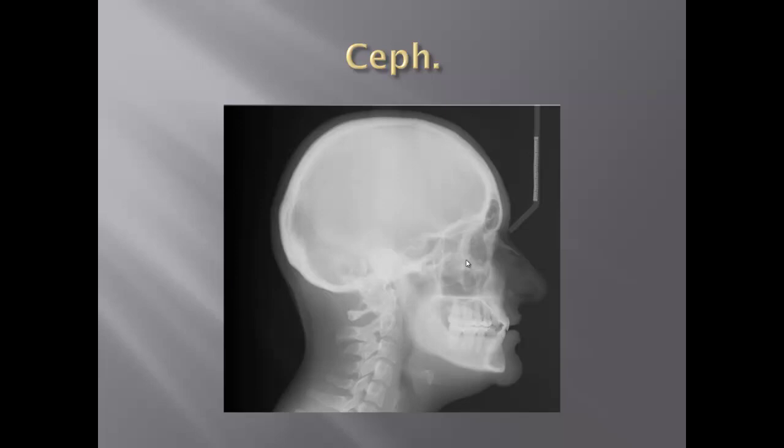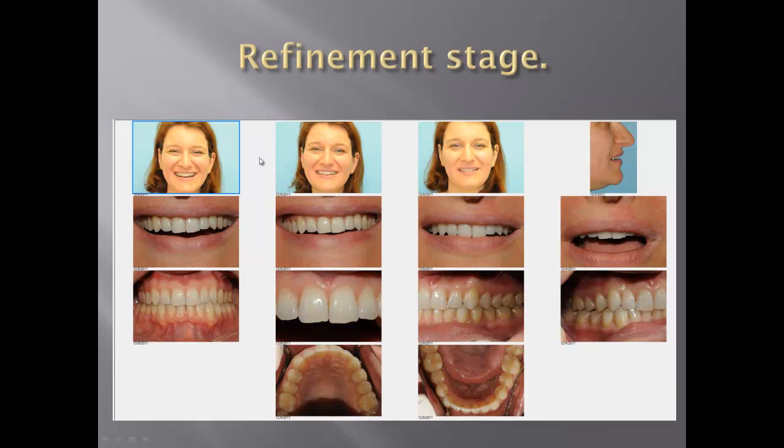In this case, the next picture was the patient's refinement stage. How did I achieve the result? We can see we established the midline properly. We have a little bit of inclination towards the left, but sometimes there is a problem with Invisalign moving those teeth bodily, and they usually tilt the teeth, so we make the correction.